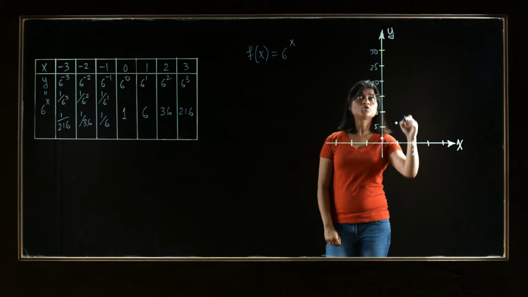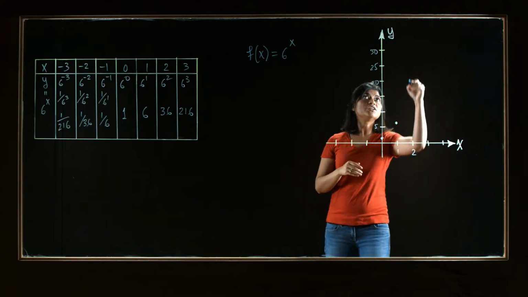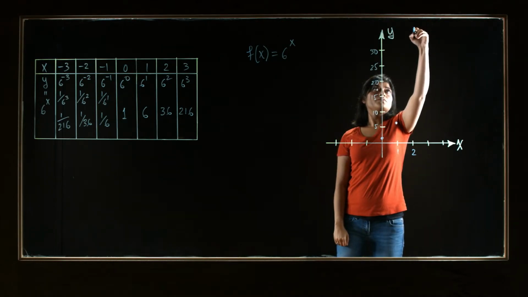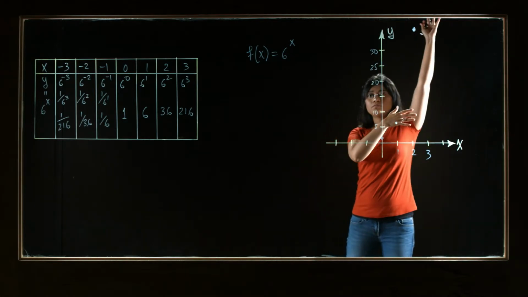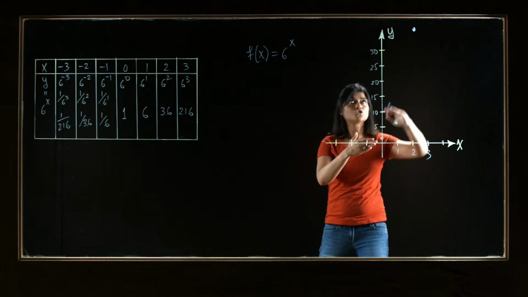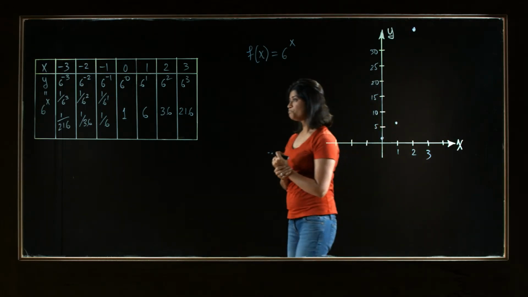So let's see, for 2, we don't even have space here, but you can imagine that it will go up, high up, somewhere farther up. And then for 3, we can't even plot that point. It will just go off the board. But you get the idea of how fast the function will be increasing for each unit of x.